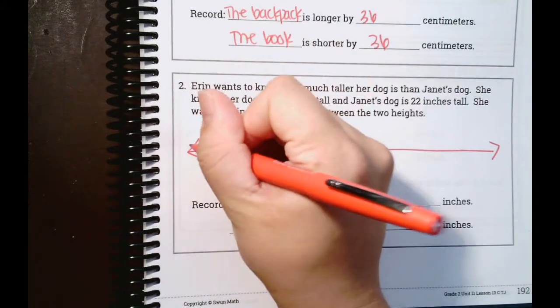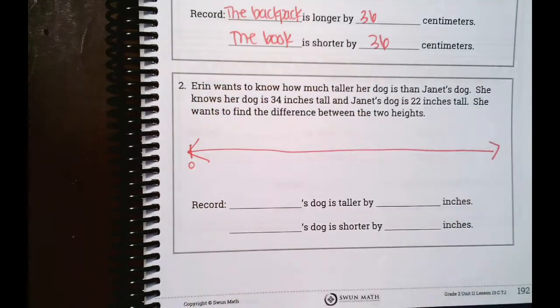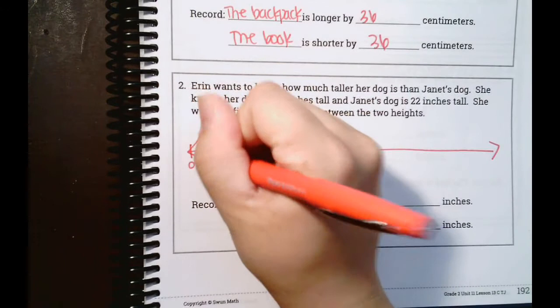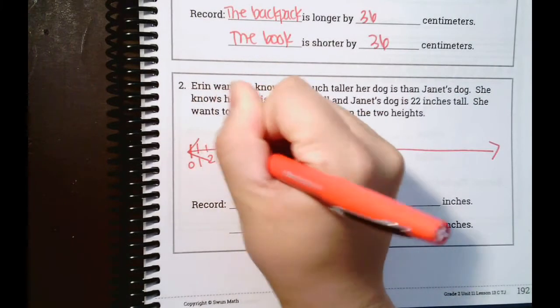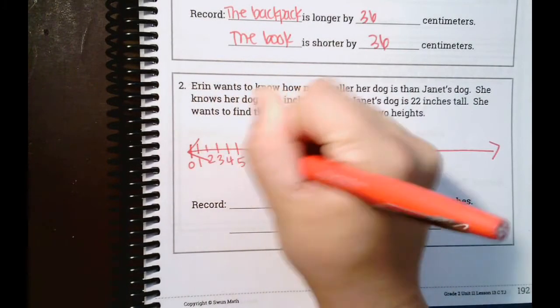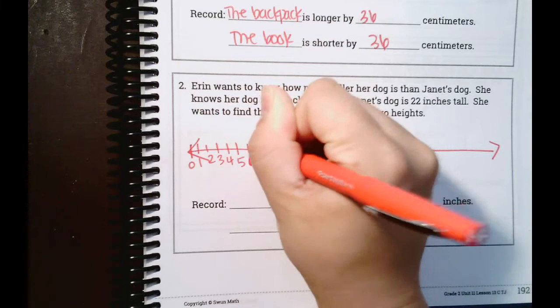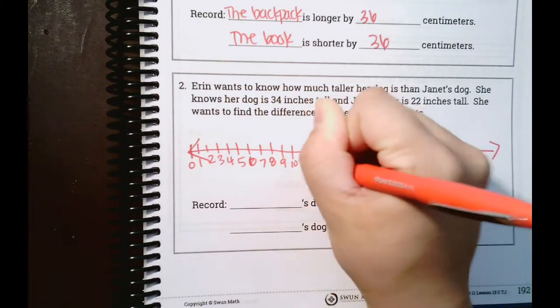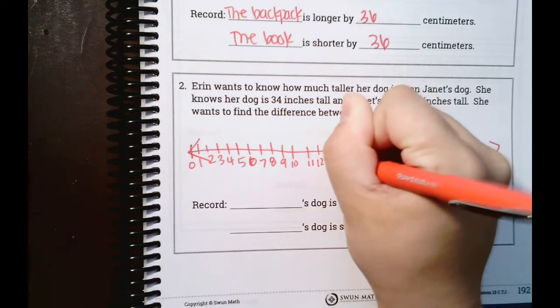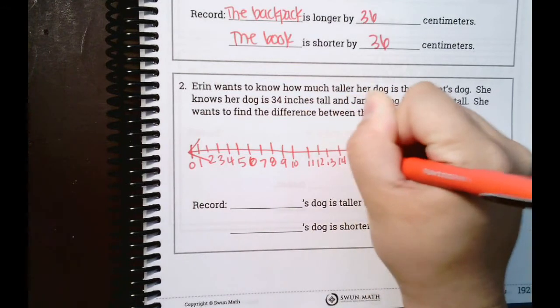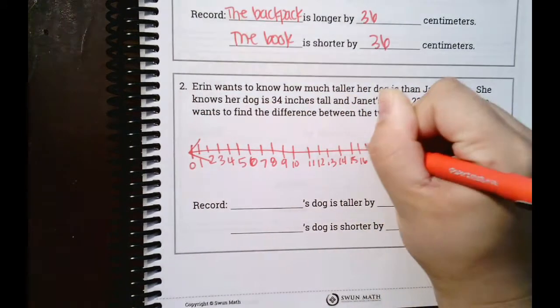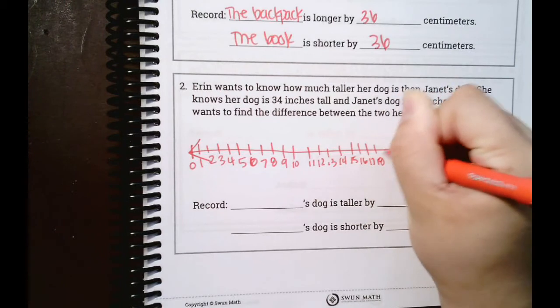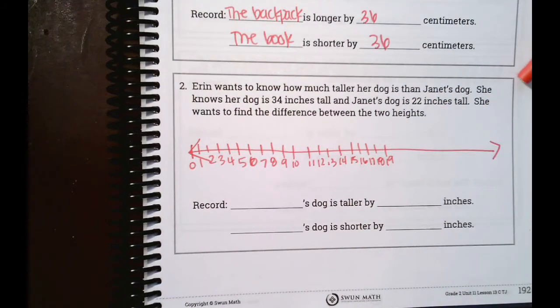So starting off at 0, start putting your numbers 0, 1, 2, 3, 4, 5, 6, 7, 8, 9, 10, 11, 12, 13, 14, 15, 16, 17, 18, 19, and I'm going to pause.